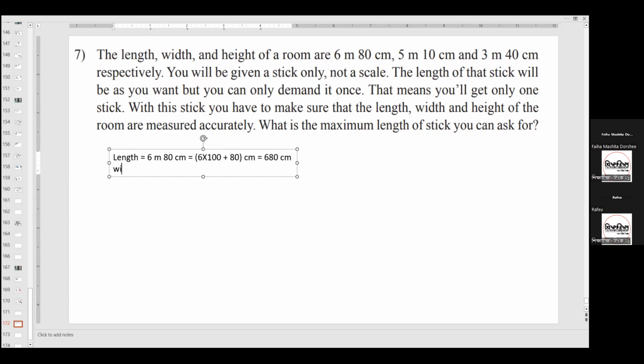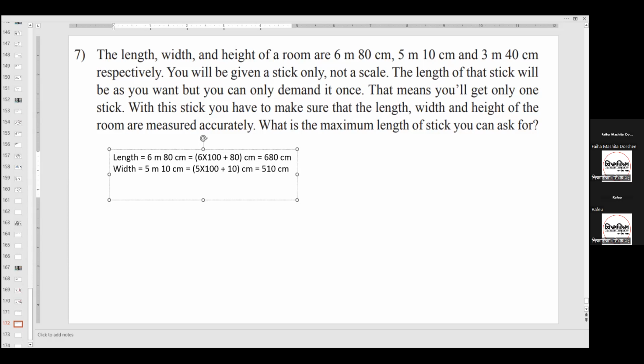The width will be equal to 5 meter 10 centimeter, which is 5 into 100 plus 10. তাহলে কত আসবে? 510, right?